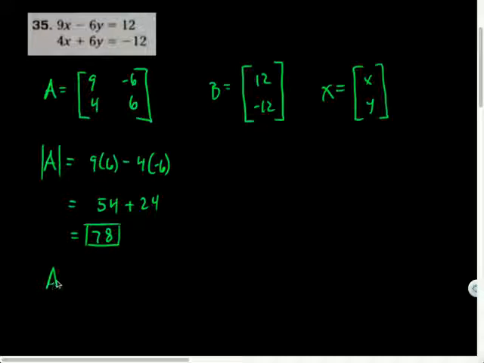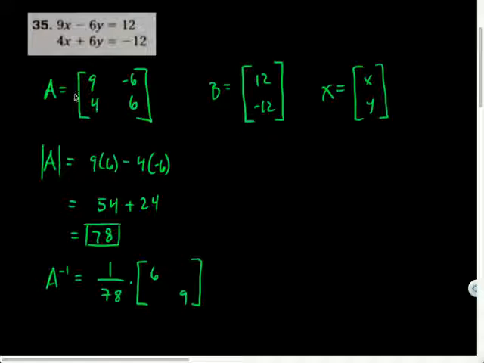To finish finding A inverse, I'm going to do 1 over the determinant, so 1/78 multiplied by, and now what I do with matrix A is I flip the location of the primary diagonal. So instead of 9 and 6, it's 6 and then 9.